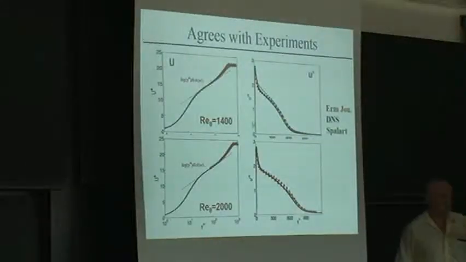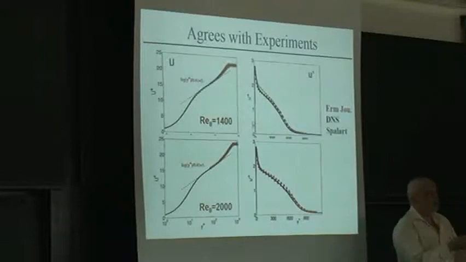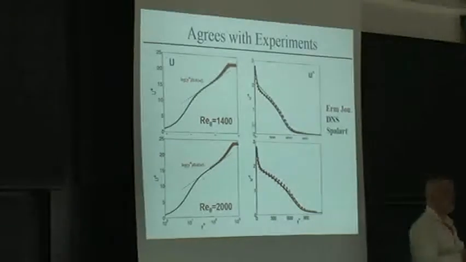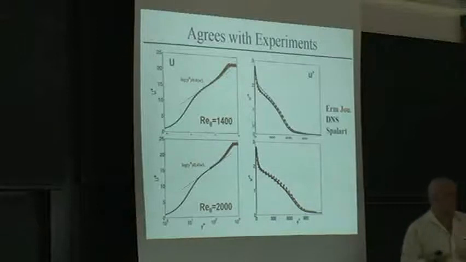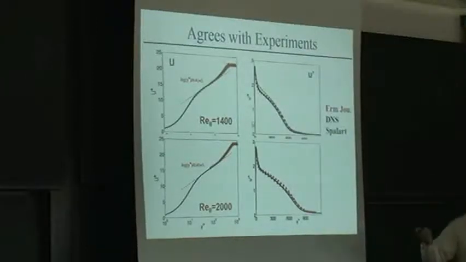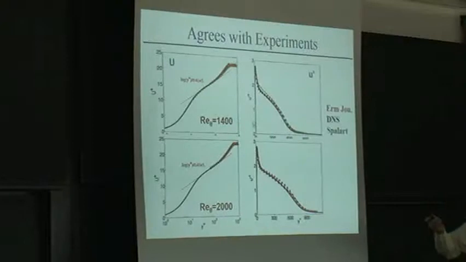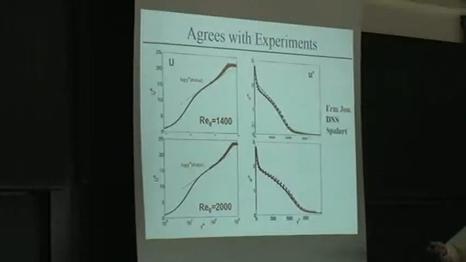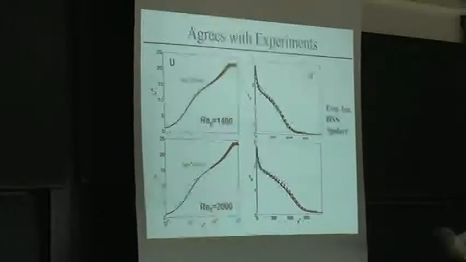And I stress this a little because now I'm going to start comparing these two channels, and the differences are going to be noticeable but not huge. So you want to be sure that the differences are not numerical. So this agrees well with the experiment. These are the mean profiles, at different Reynolds numbers.